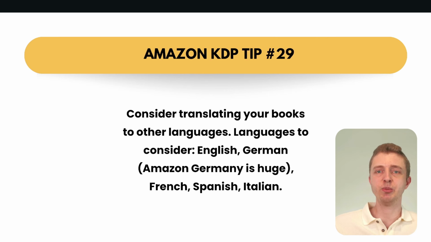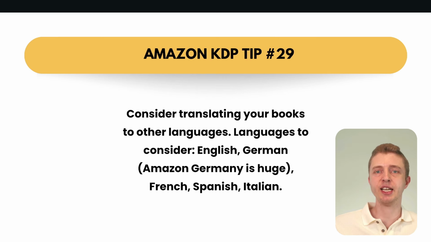And if you have a how-to book, you will have to hire someone to translate the book professionally. You can use DeepL or Google Translate, but it won't do a perfect job. So I highly recommend that when you translate your book, you make it the best possible quality, so there are no mistakes or mistranslations. While Amazon in the USA is the biggest, the UK is also quite large, and that's English.